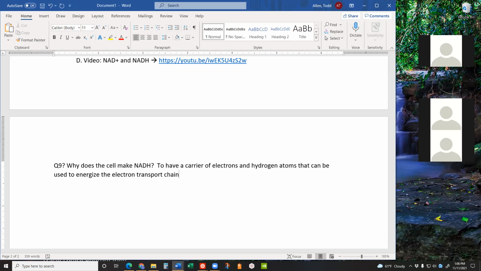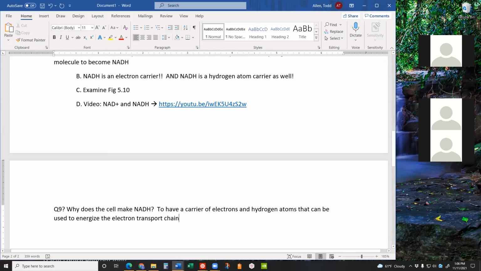So once again, the purpose of manufacturing NADH is to have a carrier of electrons and hydrogen atoms that can be used to energize the electron transport chain. The electron transport chain doesn't work without electrons and honestly hydrogen ions as well.